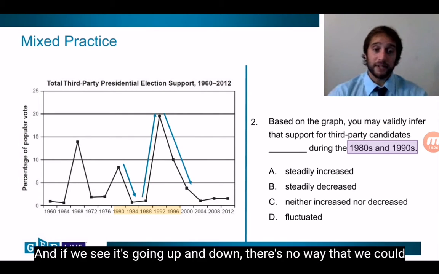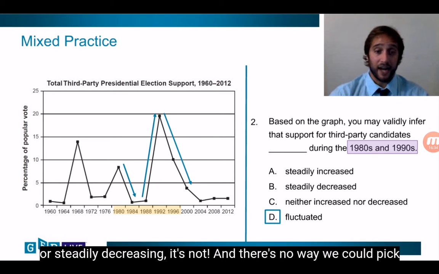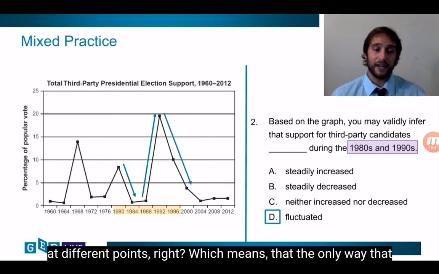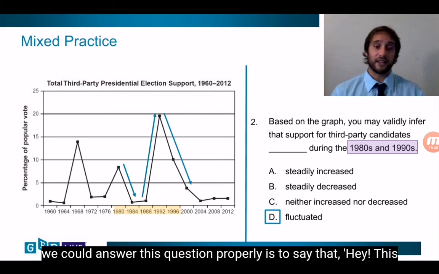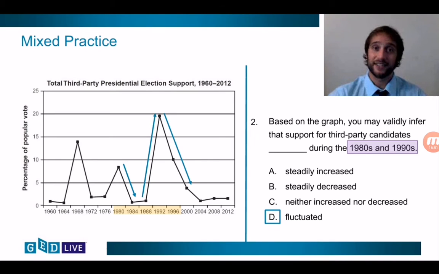And if it's going up and down, there's no way that we could select answer choices A or B. It's not steadily increasing or steadily decreasing. And there's no way we could pick answer choice C either. It's definitely increasing and decreasing at different points, which means the only way we could answer this question properly is to say that this is fluctuating. It's going up and down over that time period, which of course is answer choice D.